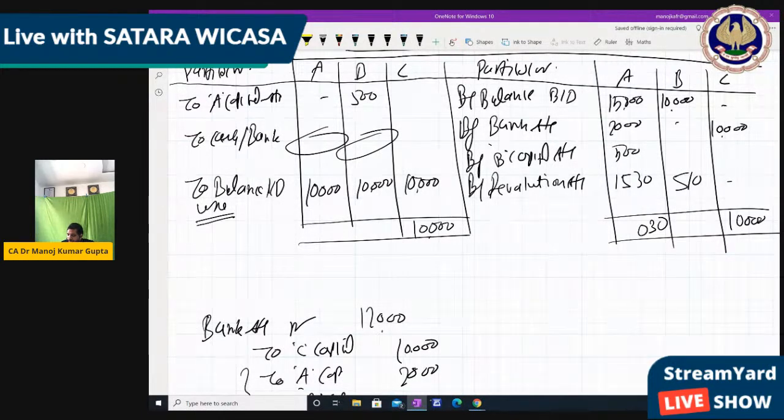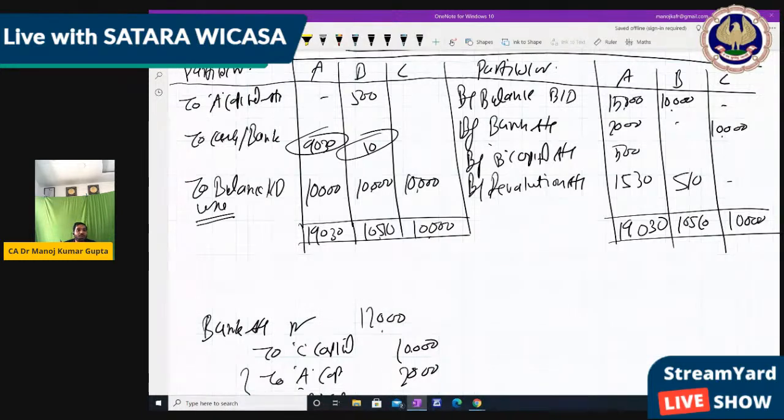19,030, right? And this is 10,510, and this is 10 only, right? This is 9,030. So that much cash they will get back from the business, right? Because they have to withdraw to make their capital proportionate.